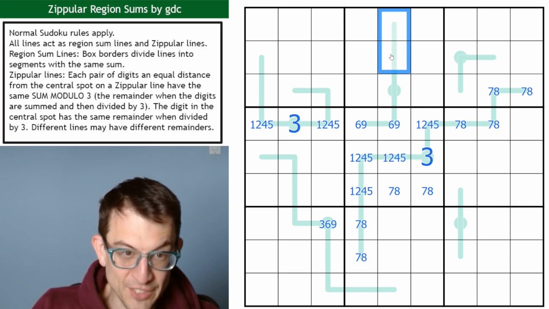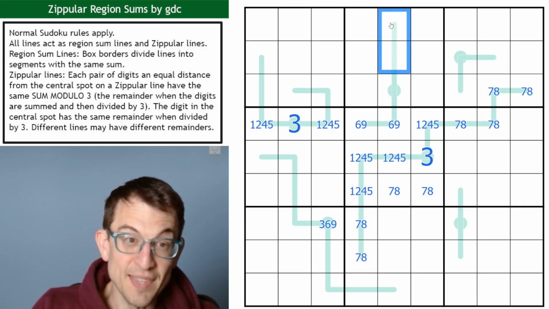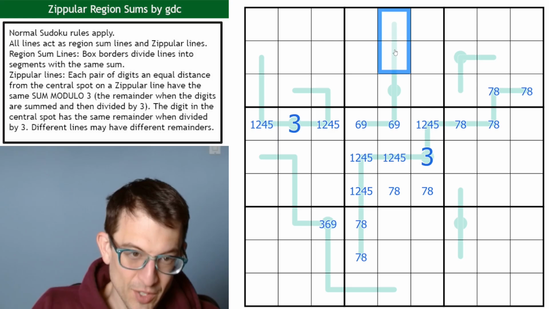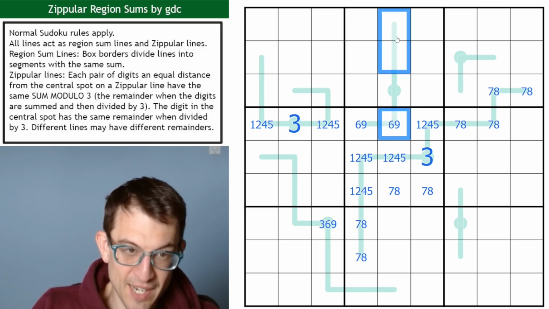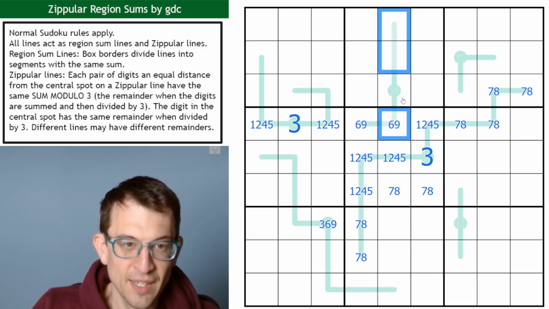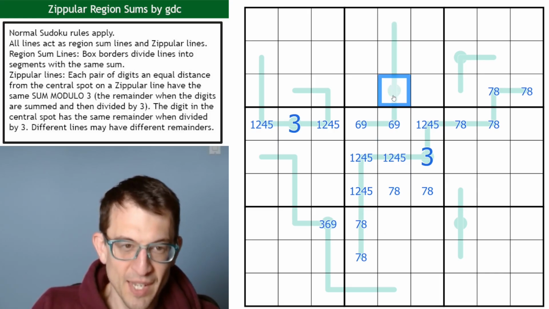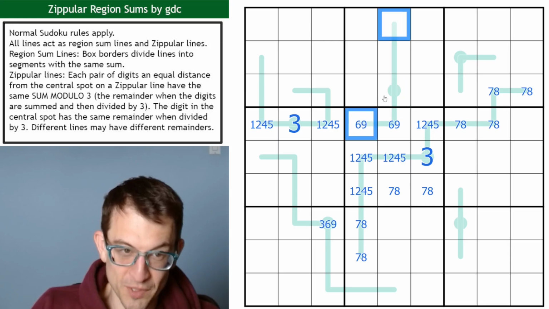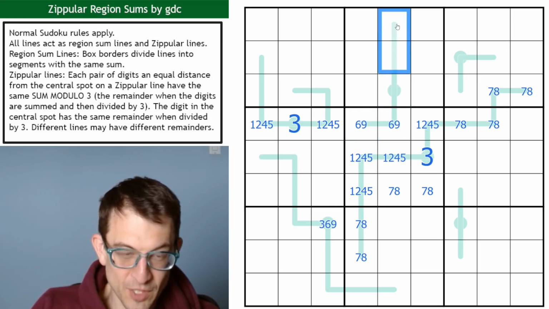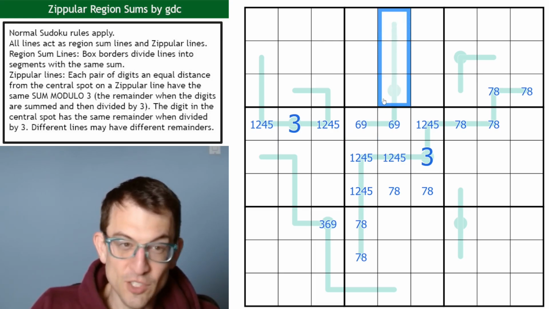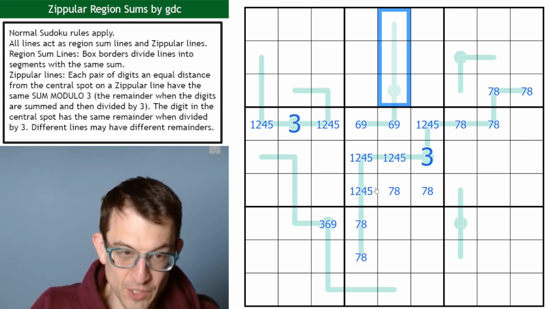And so now that means these are the same. And they can't be 3, 6, 9, because then if these were in the 0 group, the 0 group would be completely taken in the column, and this would also have to be in the 0 group because 0 plus 0 is 0, which is impossible. So this is all one group. It's either 1, 4, 7 or 2, 5, 8. I don't know which.